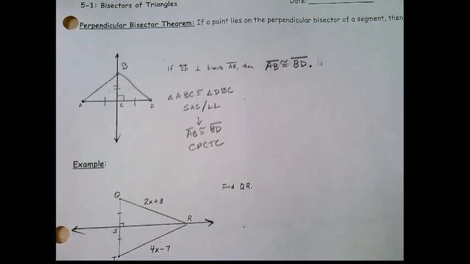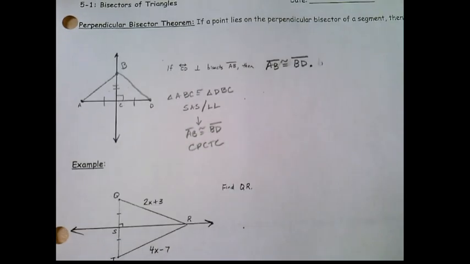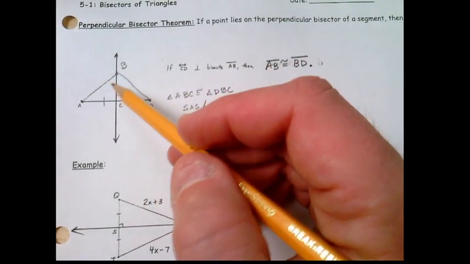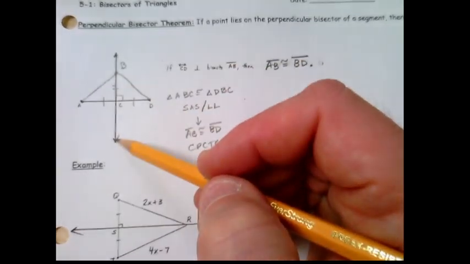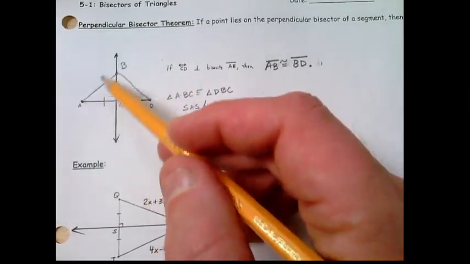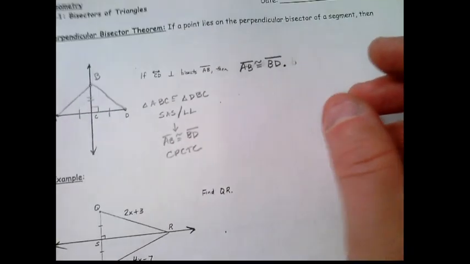Okay? So the essence of this theorem is this: that any point that lies on this perpendicular bisector that's cutting this segment in half perpendicularly, then it's going to be the same distance from those endpoints, okay?